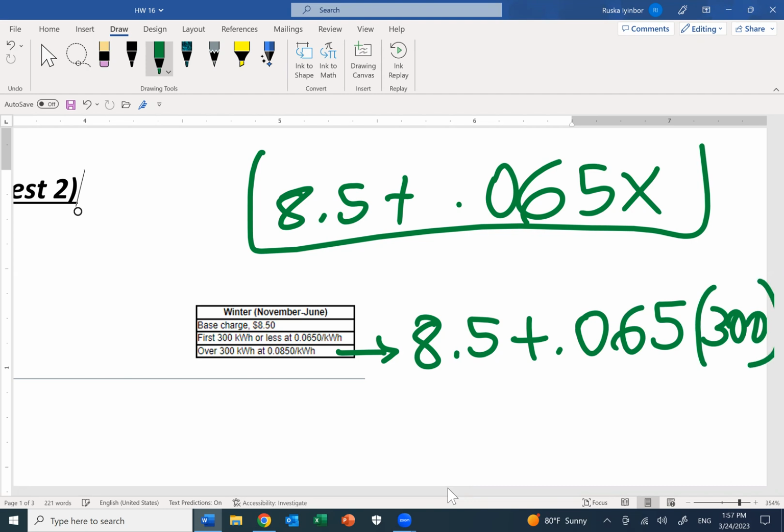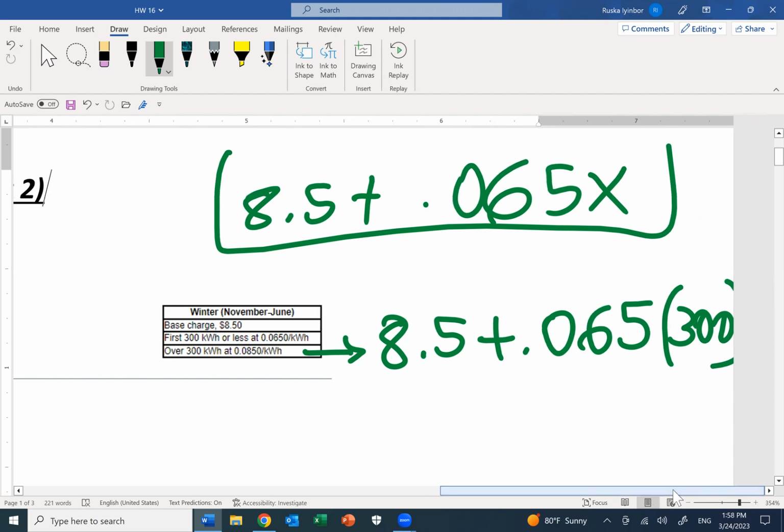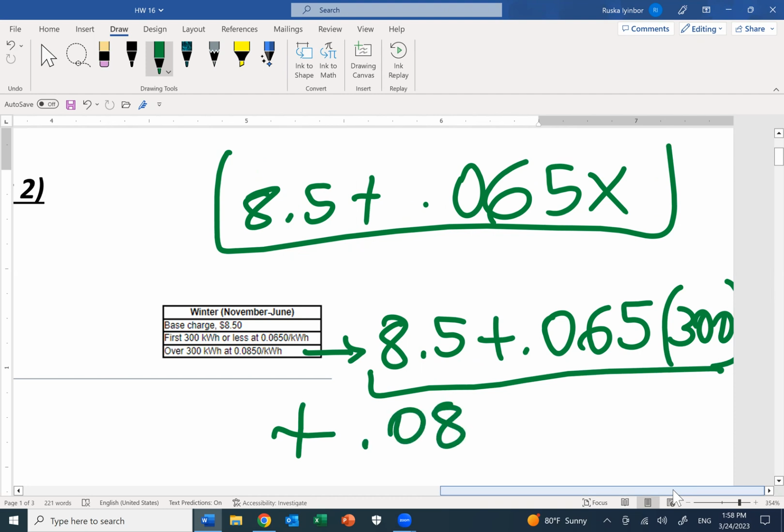because that's the limit where you cut off the price, a different price. So this is what you're going to pay for the first 300, and then plus above 300 is going to be 0.085 times (X minus 300).